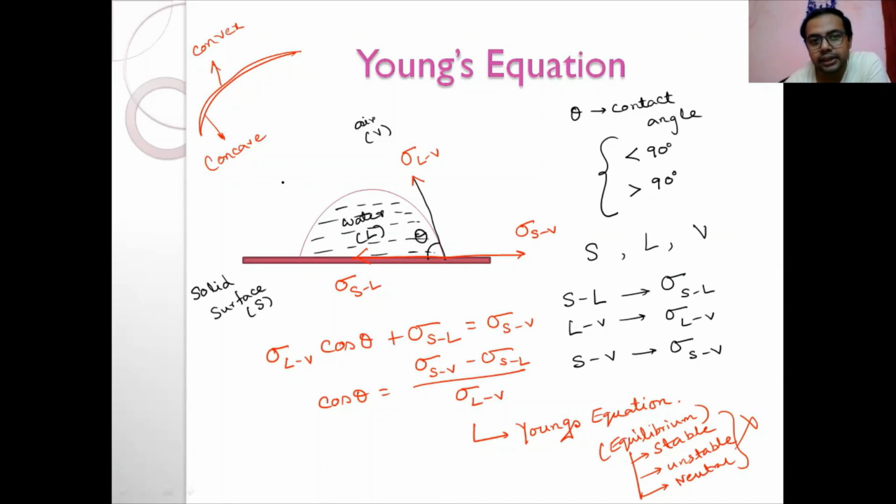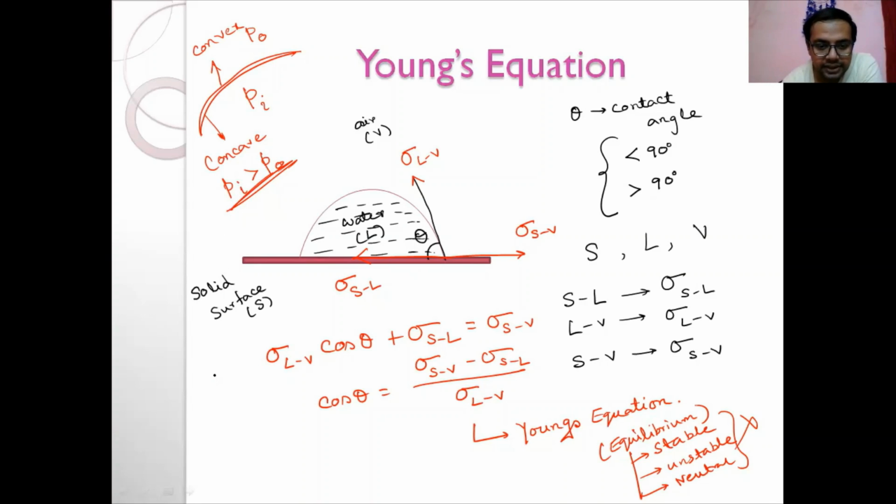You can see, the concave portion has some pressure and the convex portion has some pressure. So the concave side pressure must be greater than the pressure of the convex side in this kind of surface.